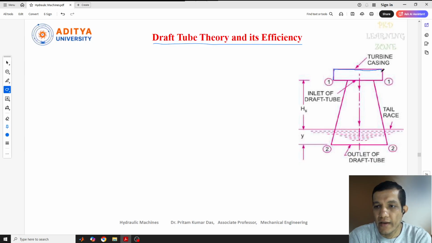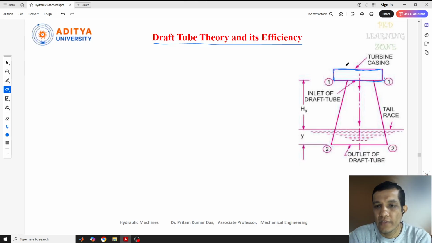We know that the draft tube is used at the outlet of the turbine to maintain the pressure level, because at the outlet of the turbine a negative pressure head, or low pressure head, is created. To convert the high kinetic energy into pressure, we use this draft tube at the end of the turbine. We already discussed that in the last lecture.